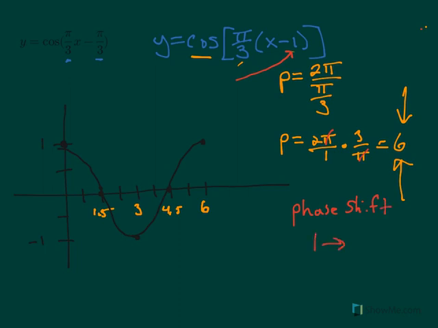So where's 1 on our horizontal scale? Notice if we try to find our phase shift of 1 to the right, that's going to be difficult to find on the scale.